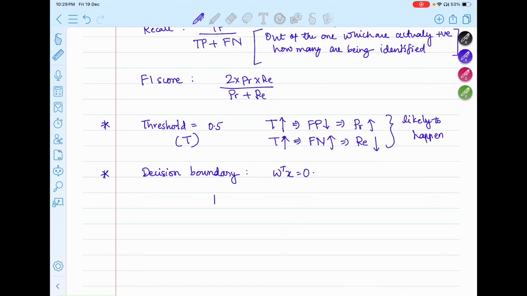So essentially, we are doing something like 1 by 1 plus e to the power minus W transpose X, and it's either bigger than, equal to, or less than 0.5. And 0.5 is 1 by 1 plus e to the power minus 0. Now, using injectivity, we can say that W transpose X is bigger than, equal to, or less than 0. And this is the decision boundary. So basically, it has a linear decision boundary.